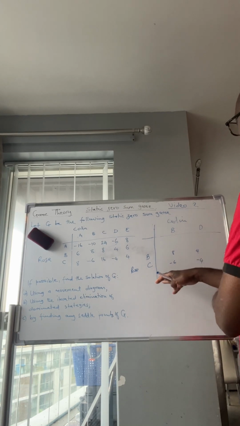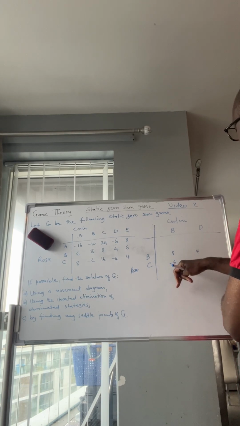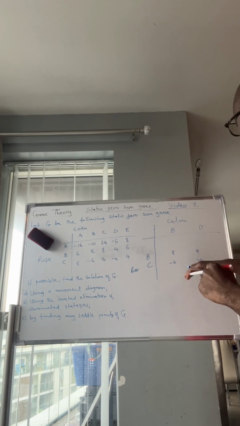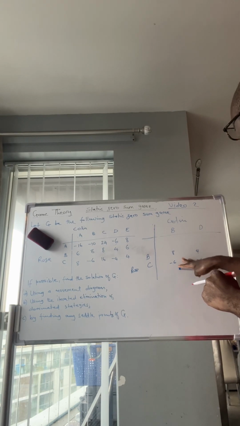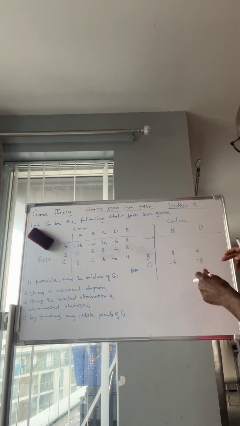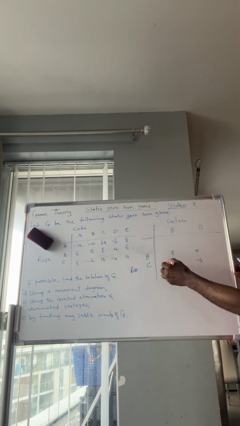But for row, everything here is bigger than what is here. So for row, the smaller one goes, because this row is bigger than this row. So this one goes.